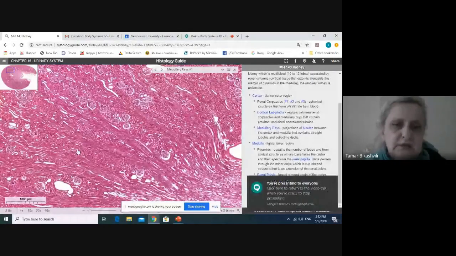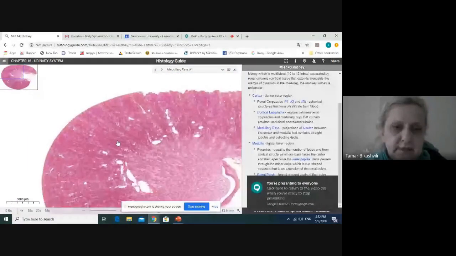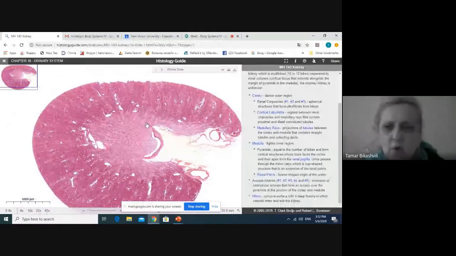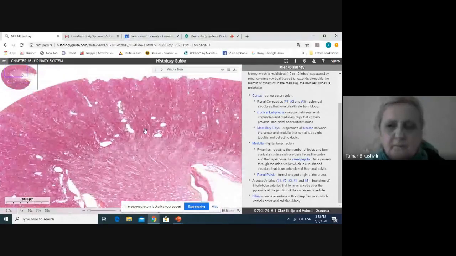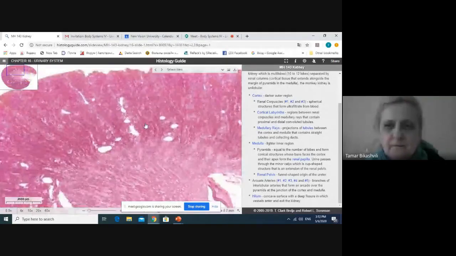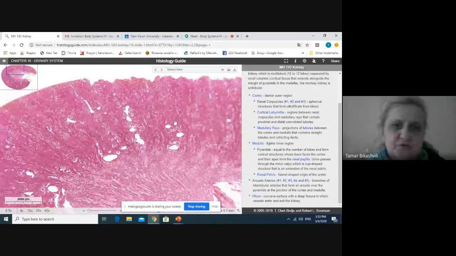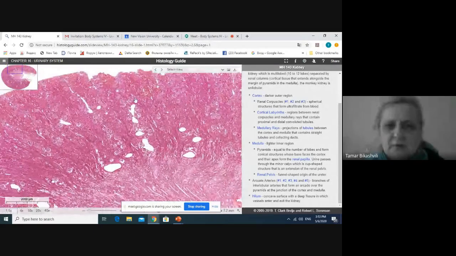Okay, so this is tissue of kidney. This is the cortex, and this part is medulla. In the cortex, numerous renal corpuscles are here.